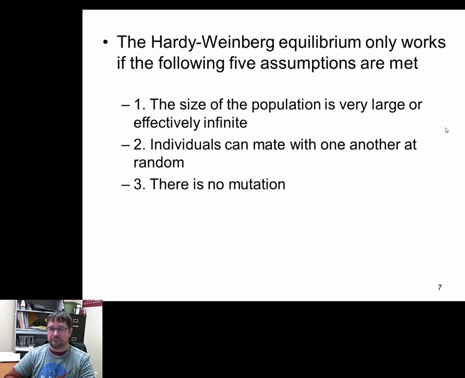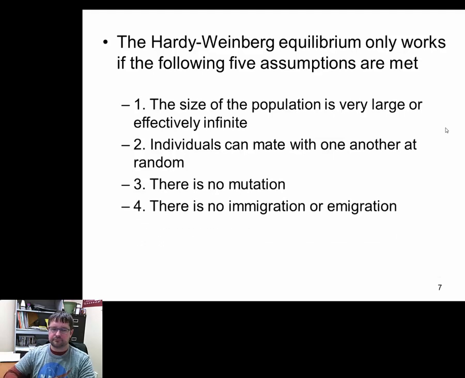There's no mutation, so the genes are not mutating. You're not making mistakes when copying DNA, and there's not a high level of mutagens. There's no immigration or emigration, so the populations are stagnant. There's nothing coming in and nothing leaving.